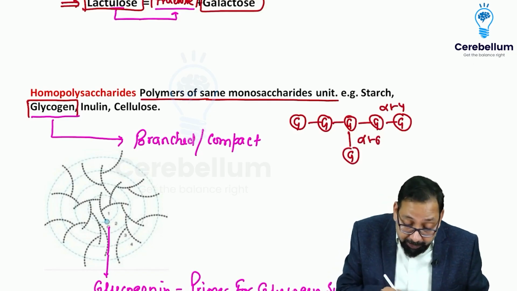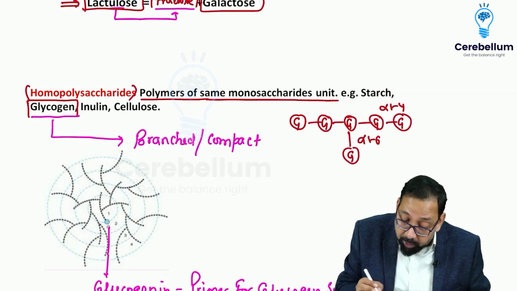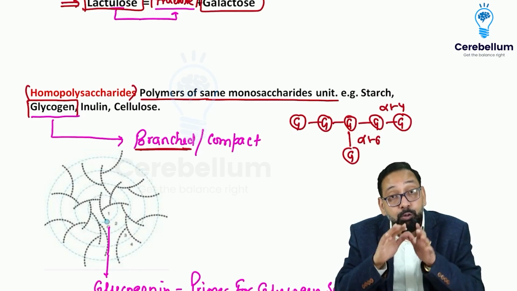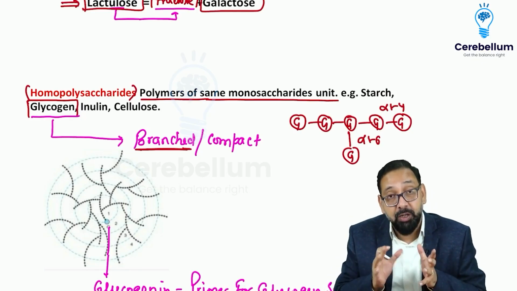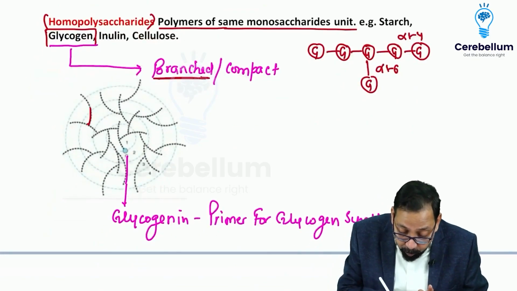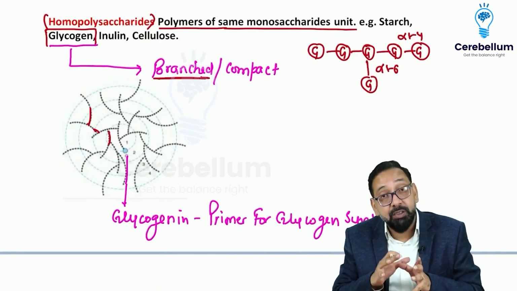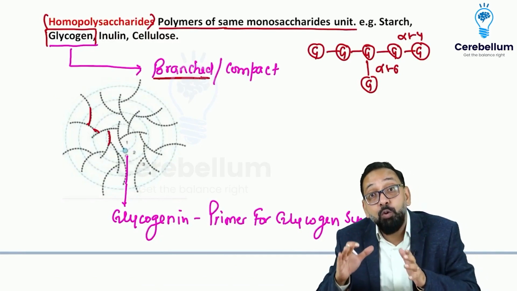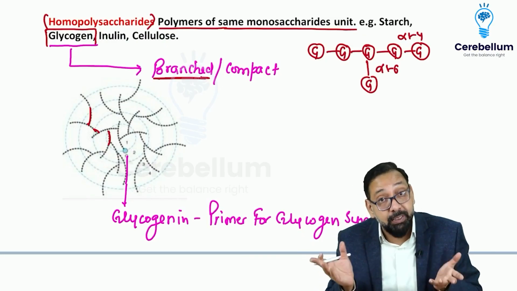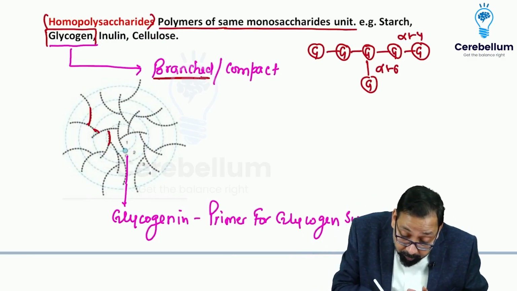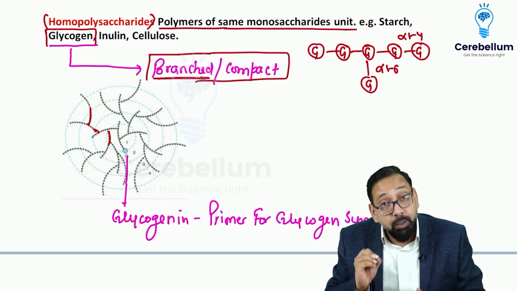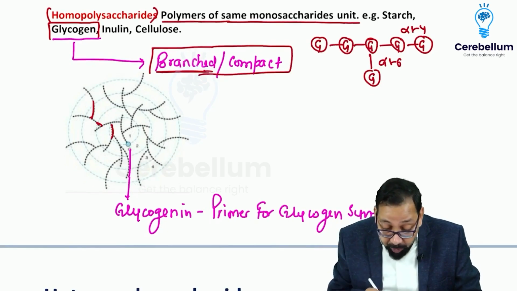So homopolysaccharide glycogen is a polysaccharide of glucose in which branching is there. Due to branching, it is a compact structure. Why compact? So that it can be accommodated in large amounts in the liver and stored easily.